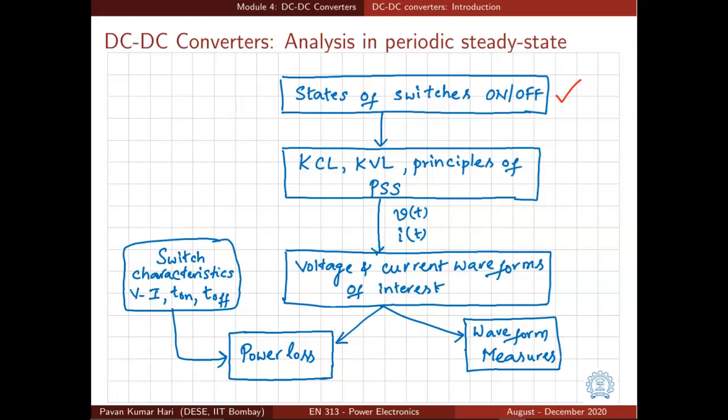So the average voltage across the inductor equal to 0, or the average current through the capacitor equal to 0, will be very useful. And once we know the voltage and current waveforms of interest, we can go for analyzing the waveform measures that we have already defined, or we can also use these idealized waveforms to estimate an approximate power loss given the switch characteristics. So that is how we carry out the steady state analysis of DC-DC converters.